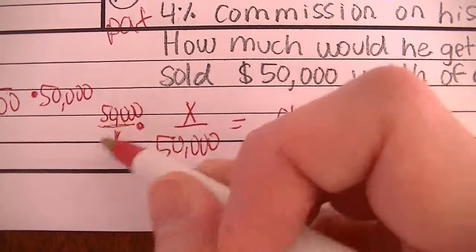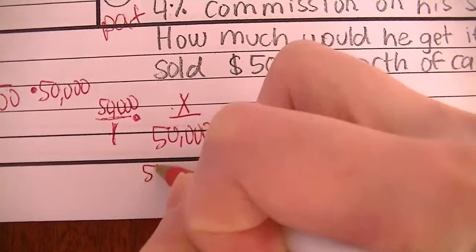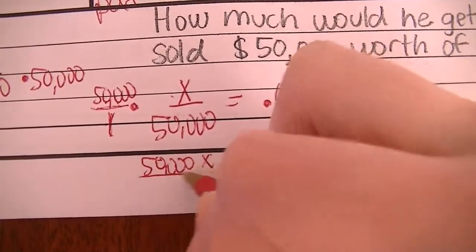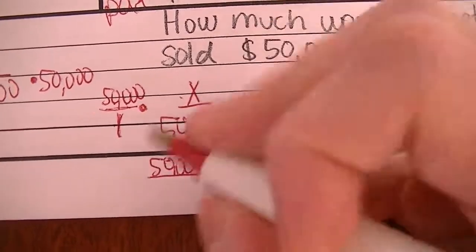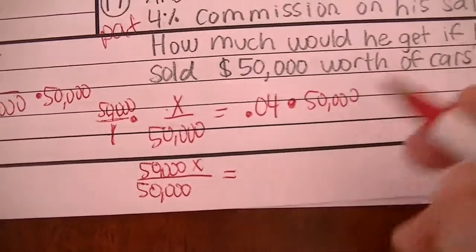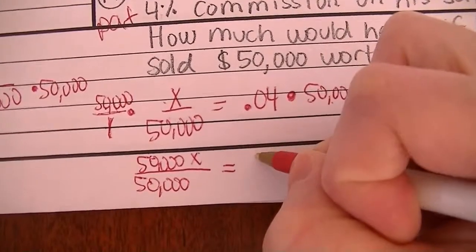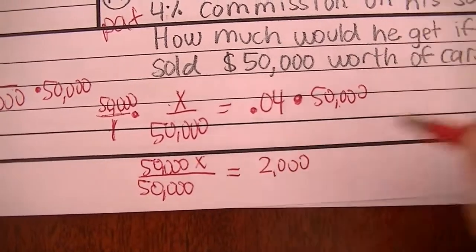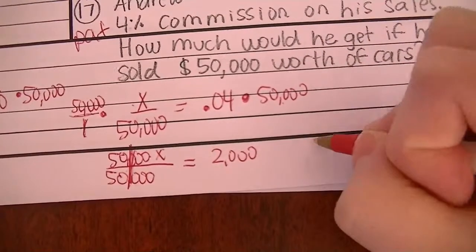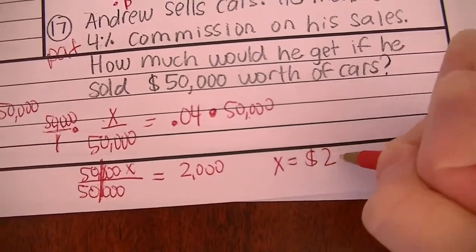I'm not changing the value of this, I'm just making it look easier for me. 50,000 times x is 50,000x. That's what it is when you multiply. And that's going to equal 4/100 times 50,000, which is 2,000. 50,000 divided by 50,000 is 1. 1 times x is 1x, or x. So x would be, he'd make $2,000.